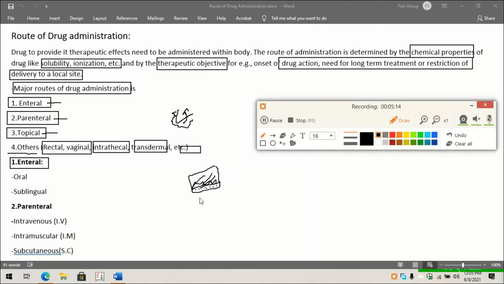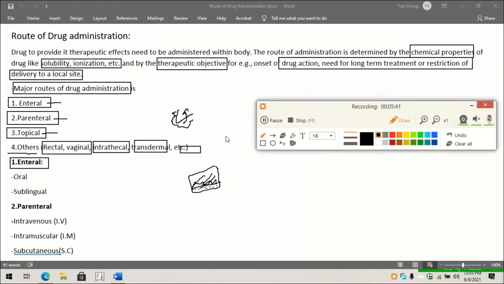But if we are placing it directly under the tongue or between the gum and the cheek, that is the buccal region, then direct absorption of the drug takes place into the blood, bypassing the harsh GI environment.